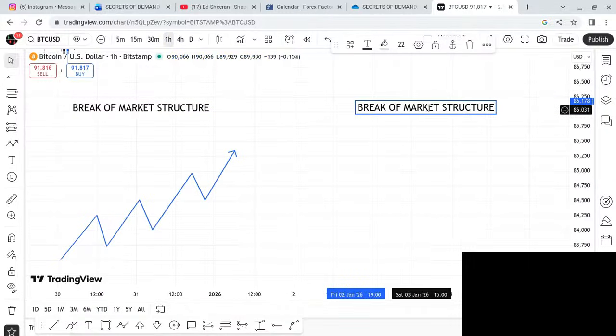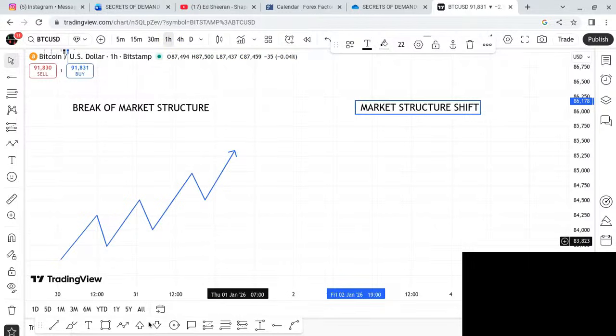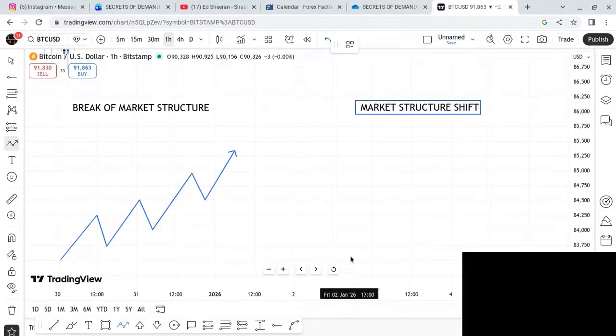All right, now we have what we call the market structure shift. So the market structure shift will happen like this.